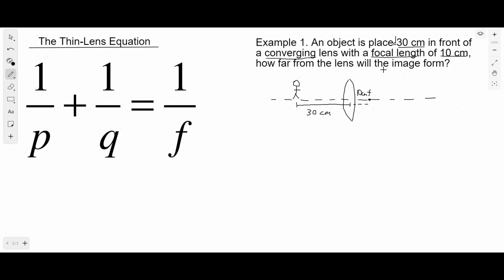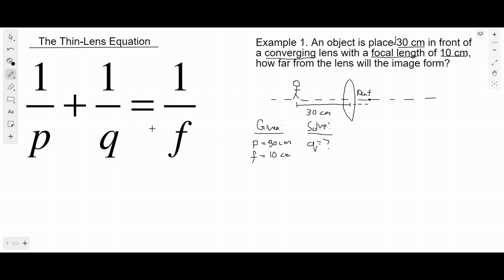Now what they want to know is how far from the lens the image will form. Let's just write our given values. I know that the object is 30 centimeters from the lens, which is my p. I know my focal length is 10 centimeters. And I need to solve for how far the image is going to be, so that's q.